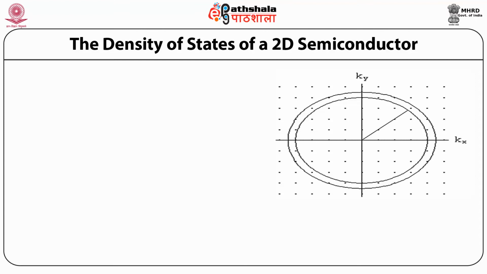So this is equal to k square L square by 2 pi. Now by putting k equal to root of 2mE by h cut square, we obtain capital N equal to m L square E by h cut square pi.